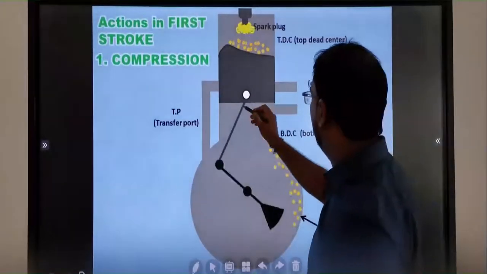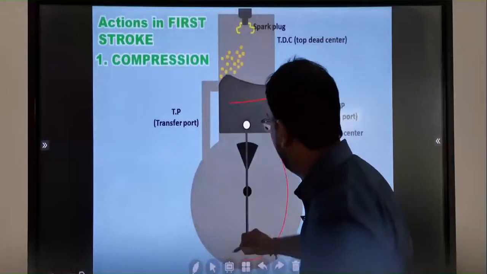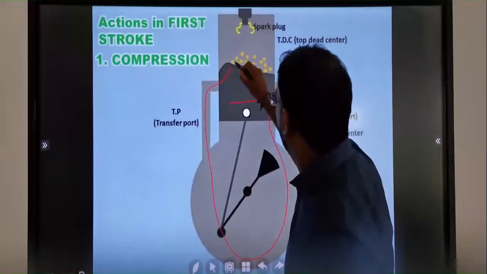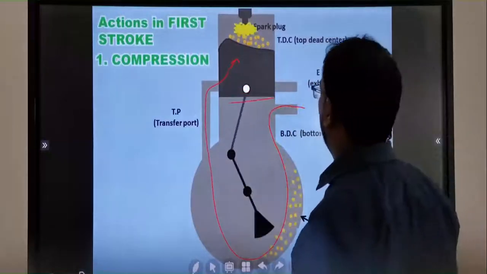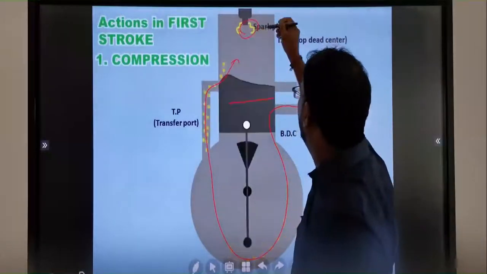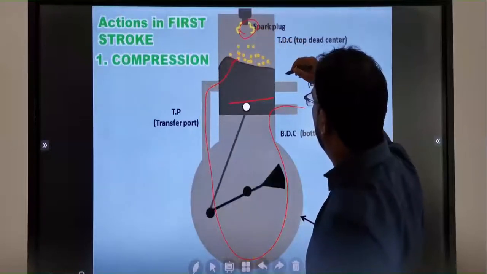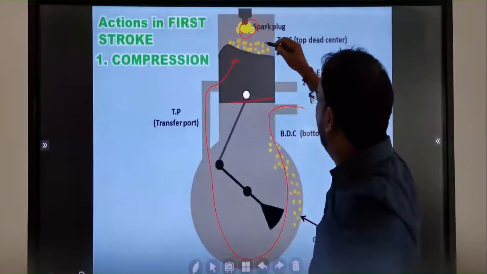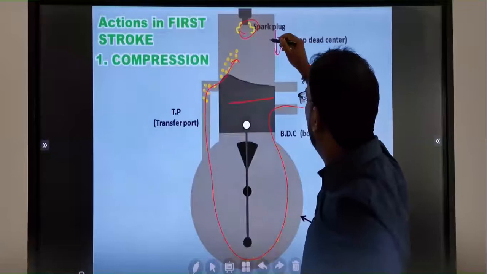So this piston goes this way, then air comes to this crankshaft and it comes to here. So here the ignition spark is given. So here that's ignition start, then down, here's the downside.